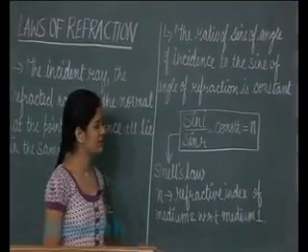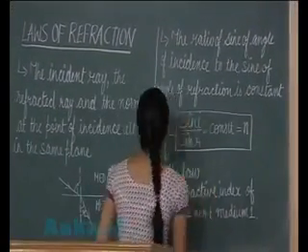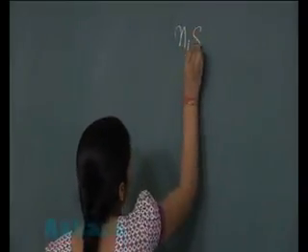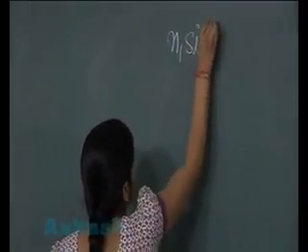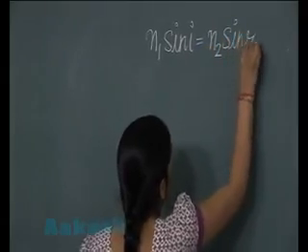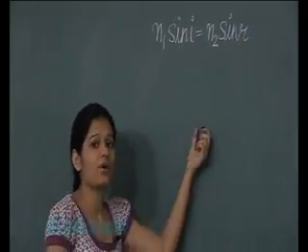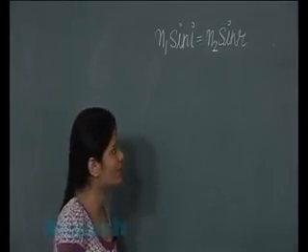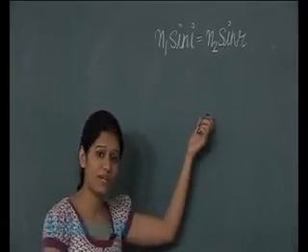Now students, we can write Snell's law in the form n1 sin i is equal to n2 sin r, where n1 and n2 are the refractive indices or absolute refractive indices of medium 1 and medium 2 respectively.